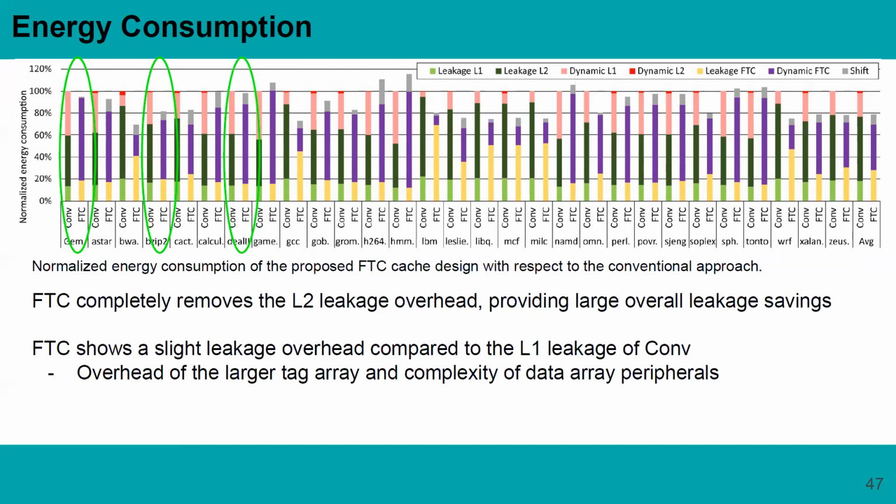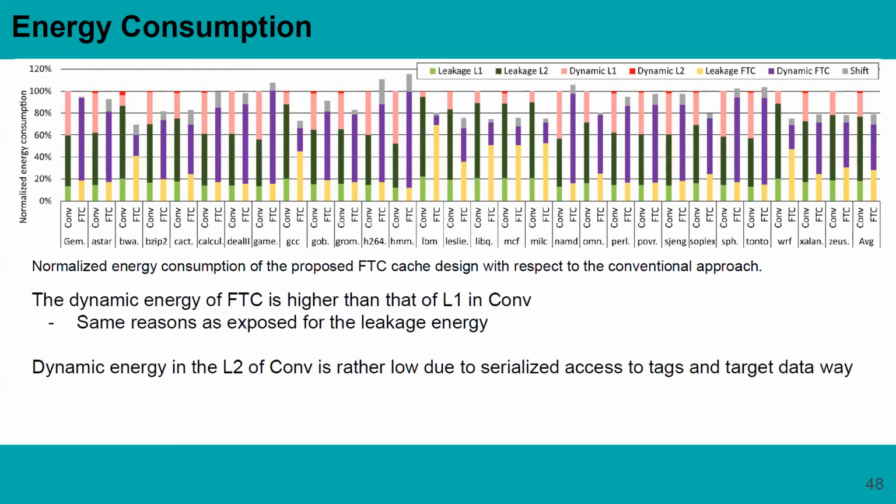However, focusing exclusively on L1 and FTC leakage, FTC consumes more energy because of the overhead of the larger tag array and higher complexity of the peripherals. Regarding dynamic expenses, they are higher in the FTC than in the L1 cache of the conventional scheme due to the same reasons as exposed for the leakage.